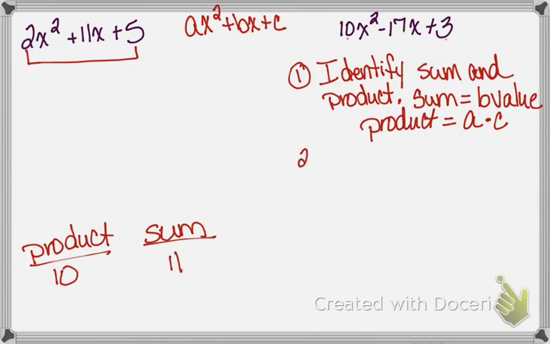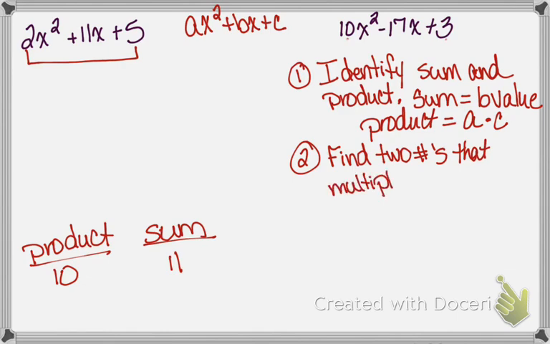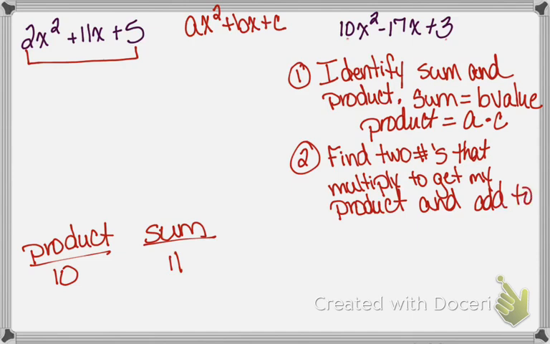My second step is to find 2 numbers that multiply together to get my product, and add to get my sum. Okay, so multiplied together, they give me my product, and they add together to get me my sum.